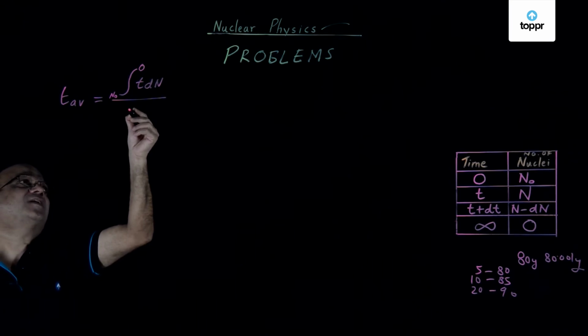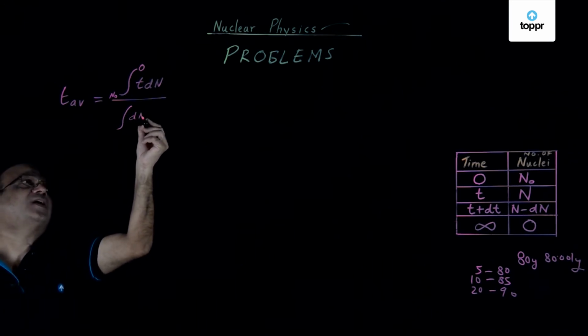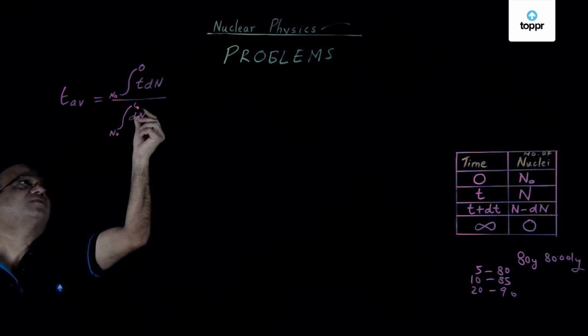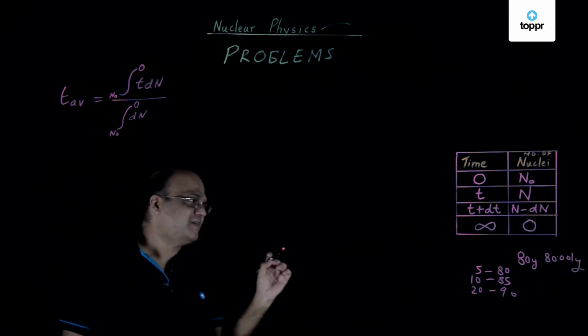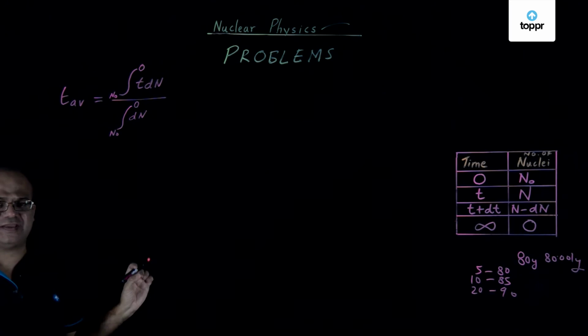And in the denominator, we have to put the integral of dN, the total number of nuclei, from N naught to 0. This will give us the average life or mean life.